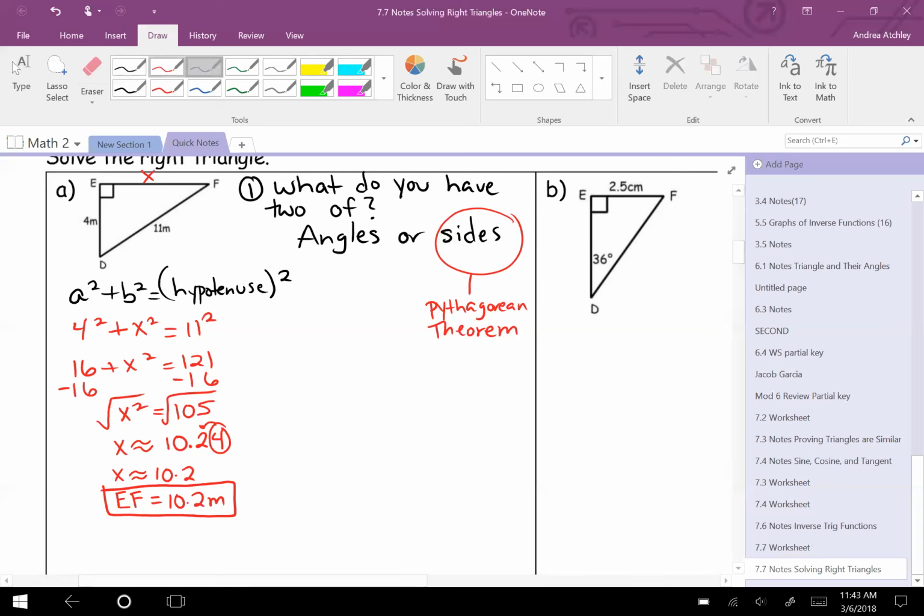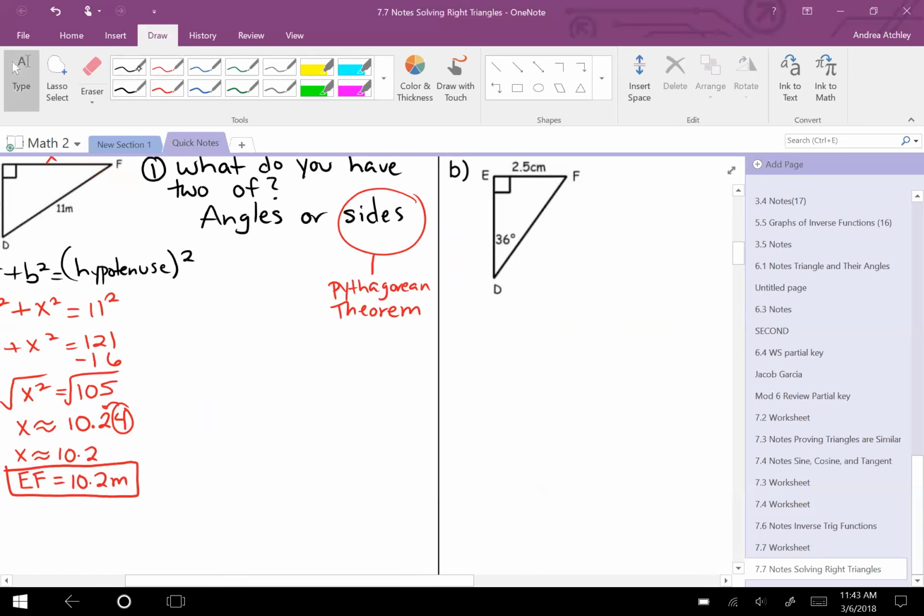Okay, the next thing we need to do, step 2, is find the angles using trig. Okay, it doesn't matter which one you pick. You get to choose which one you want to find.